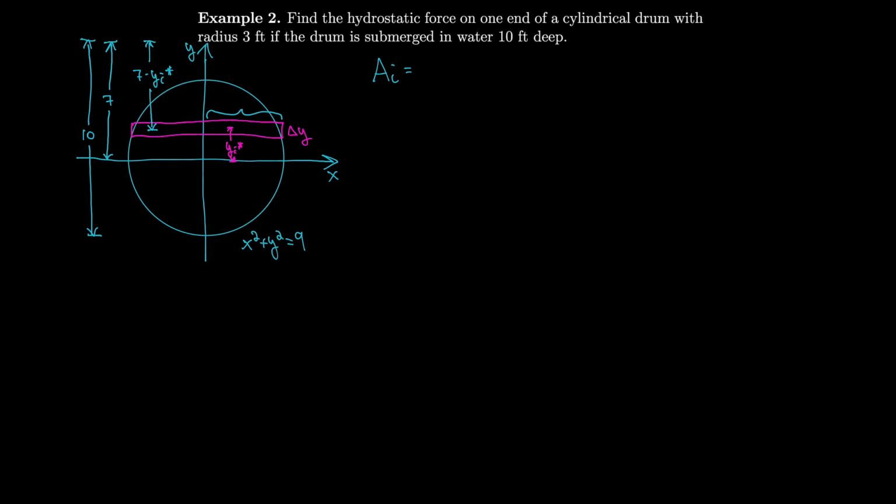The x value we got in the circle, if we solve x squared plus y squared equals 9, and we only solve for the positive part, then that'll be the square root of 9 minus yi star squared. So that means that ai is 2 of those for the length, and then we multiply by height. So it's 2 times the square root of 9 minus yi star squared times delta y.